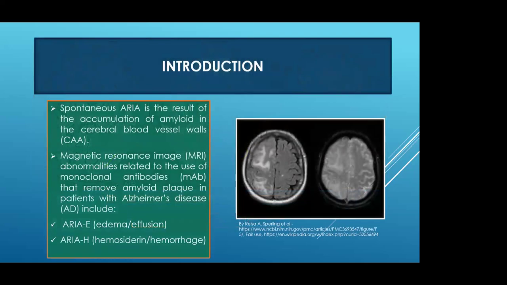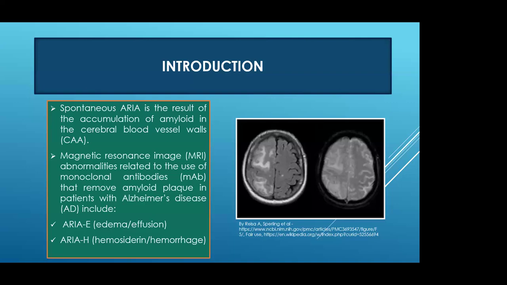But yeah, so essentially amyloid-related imaging abnormalities are related to the increased permeability of the blood vessels due to amyloid deposits. I have to say that both fluid and blood products can leak either spontaneously in the setting of cerebral amyloid angiopathy, and this is what we call spontaneous ARIA, or as a result of the mobilization of the amyloid plaques by the monoclonal antibodies.